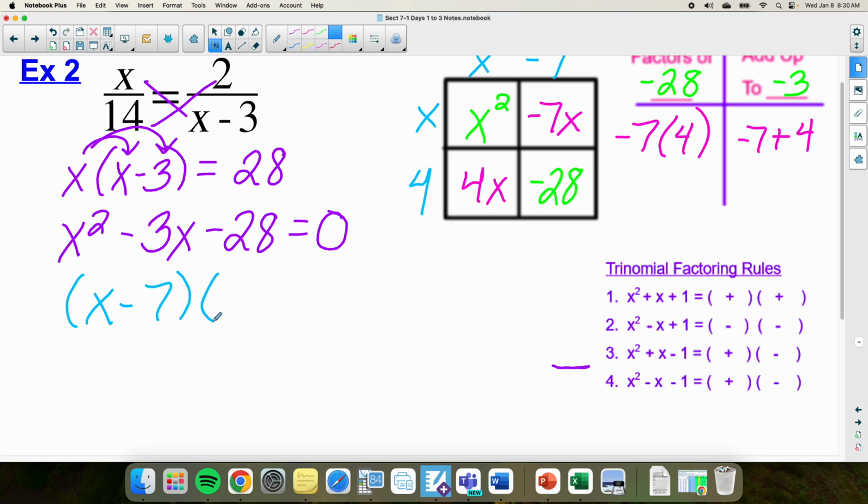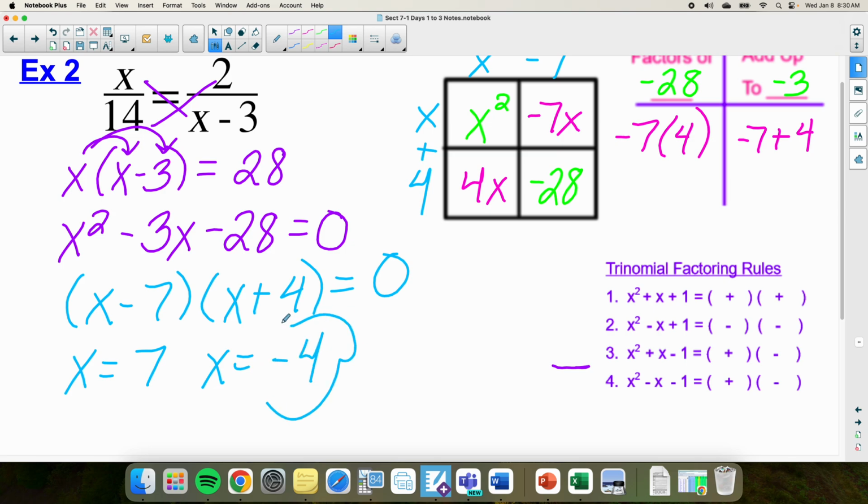Wouldn't this one be x plus 4 because it doesn't have a sign? And then if you use the shortcut way, what would this x be? Positive 7, and this would be negative 4. And those are your answers.